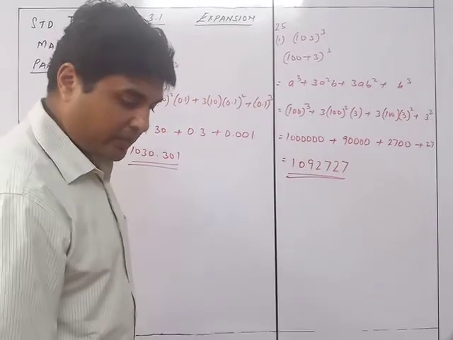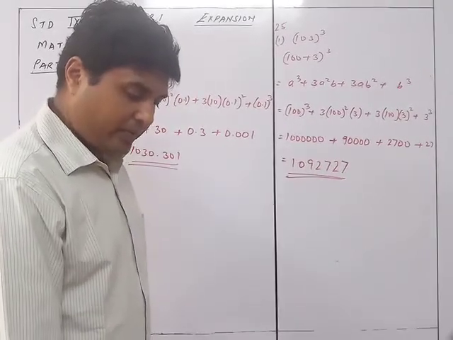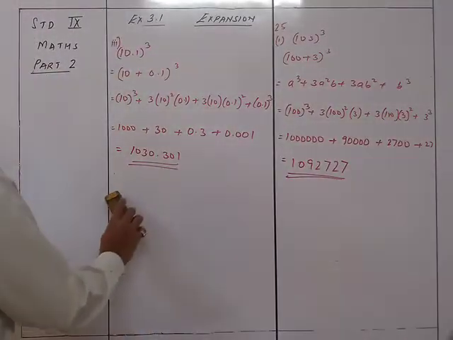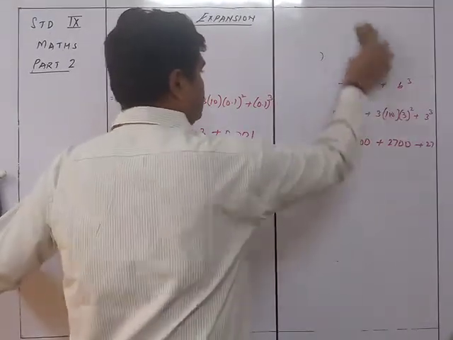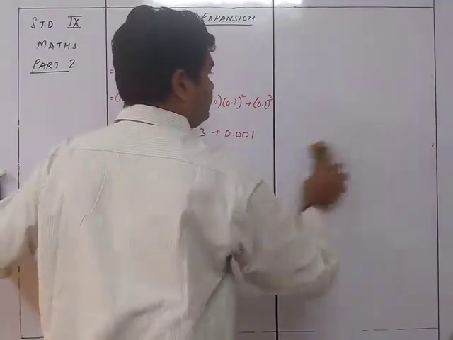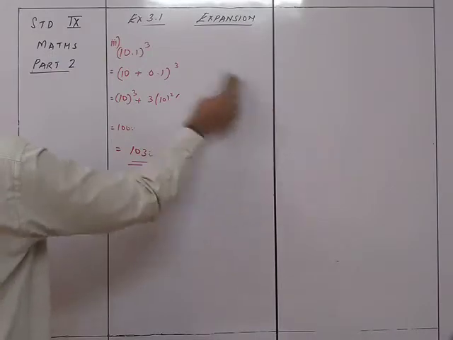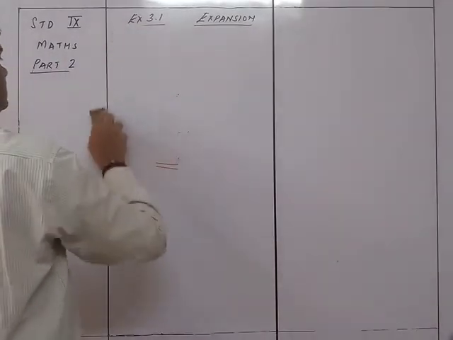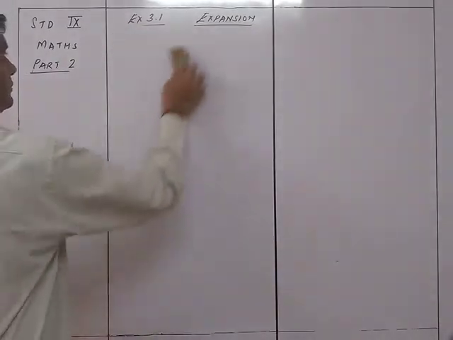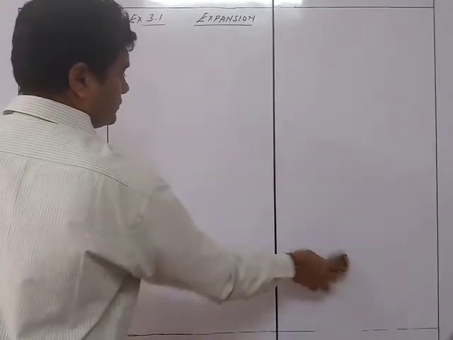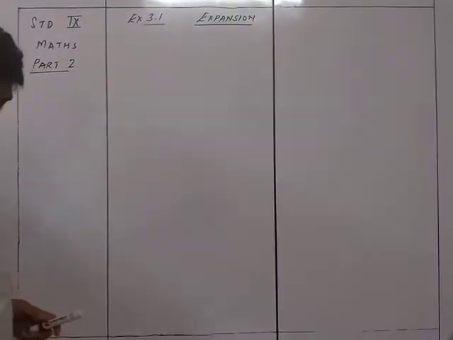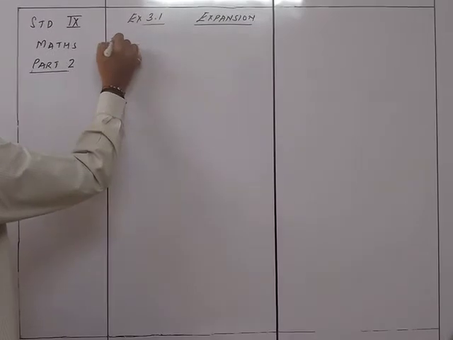We now move on to sum number 27. So we have got to do 27, 29 and 31. So sum number 27.